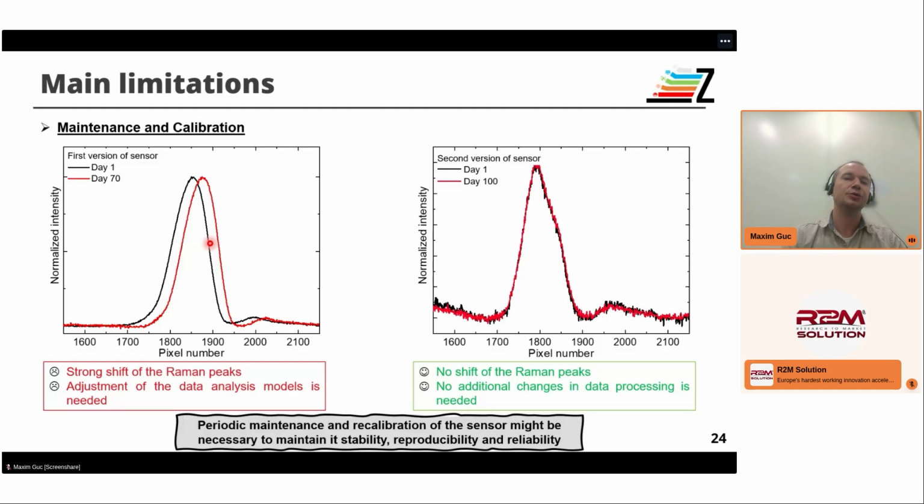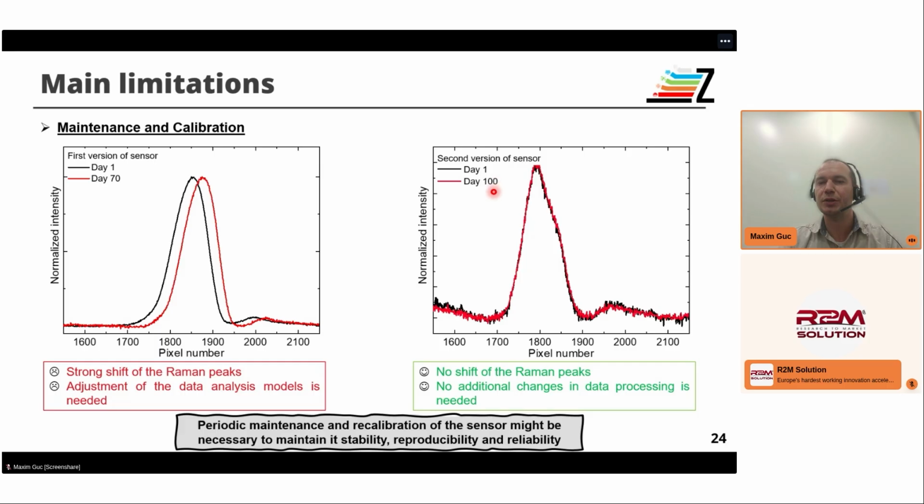So we had to readjust all the calculations, all the analysis of this data from this specific sensor. So the easiest or more correct approach was then to make another version of the sensor that becomes more robust, more stable, and does not require these high maintenance inputs in order to recalculate the models for the data processing.